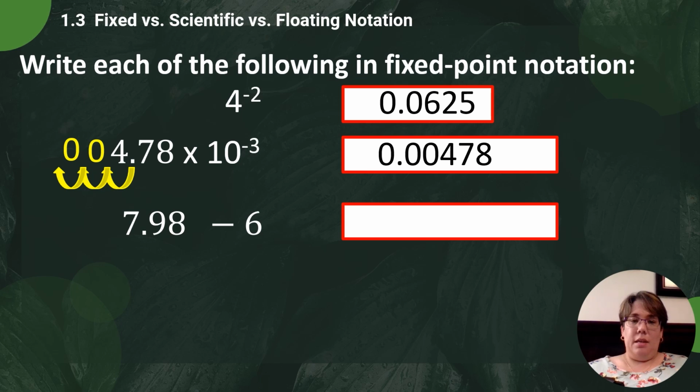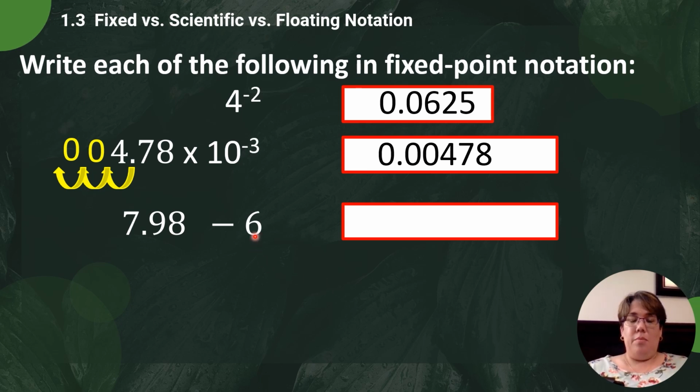All right. Now, 7.98 and then the minus 6. This is a really good example of a floating point notation, which is that calculator notation. Most people will want to simply put this into their calculator as 7.98 minus 6, and they will get this wrong.